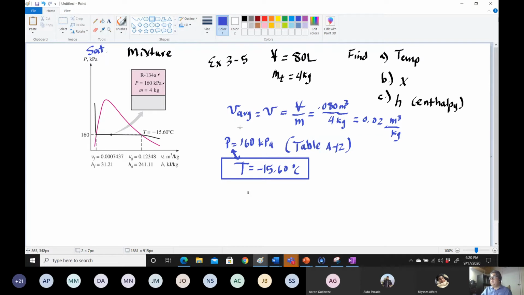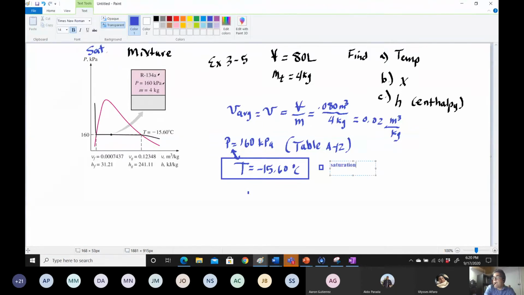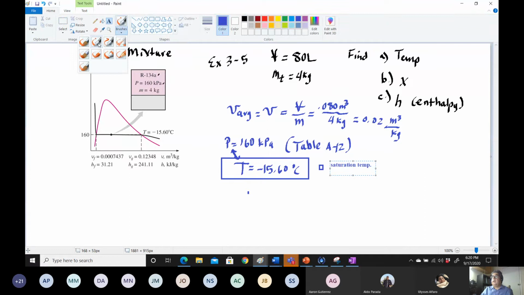Now the next one is we need to find x. This is called the saturation temperature, that's what this T is. Now we need to find the quality. For the quality, we're going to need to find what v sub f is and what v sub g is.